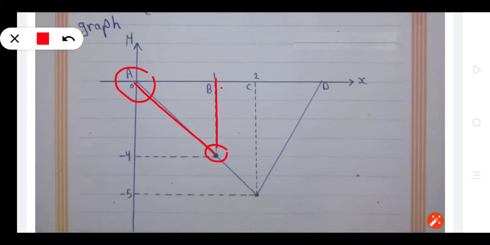Also (1, negative 4) to (2, negative 5), and also (2, negative 5) to (3, 0). This graph represents the relation between bending moment and different points on the beam.